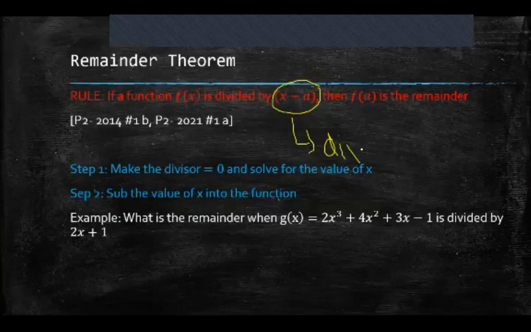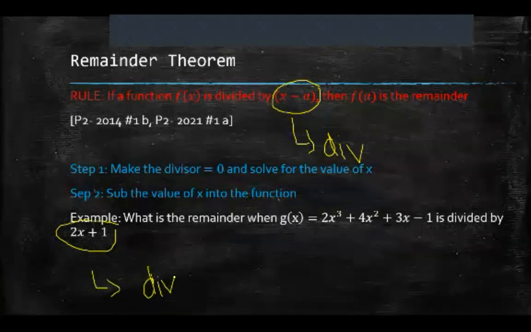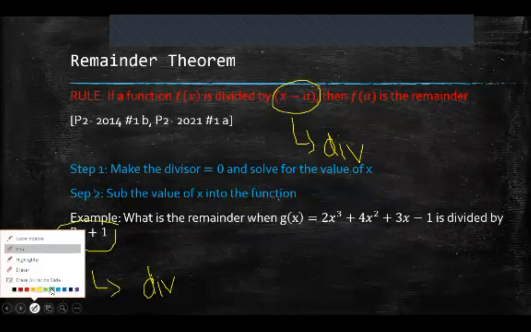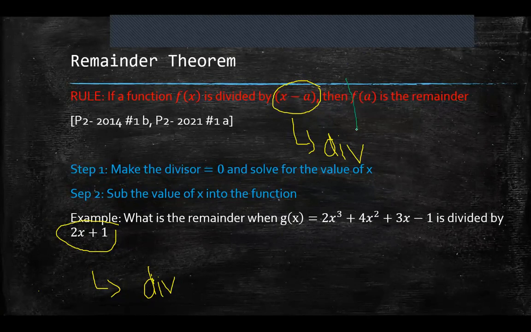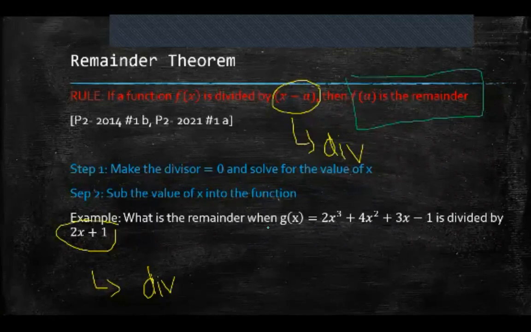Divided by x minus a, so that's the divisor. And in our example, the divisor is 2x plus 1. According to the rule, the remainder is f of a.